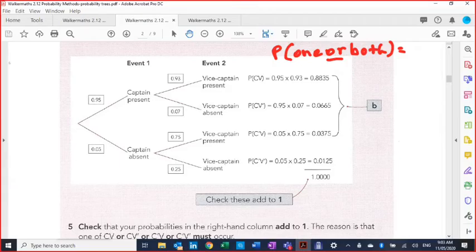Well, here both of them are there, so that's good. Here one of them, the captain is there, that's good. Here the vice captain is there, so that's good. But here, C prime, V prime means that neither one of them is here, so that one's not a good branch. So we have 3 branches that would satisfy that condition. So we're just going to take all of those probabilities along the branches and add them together.